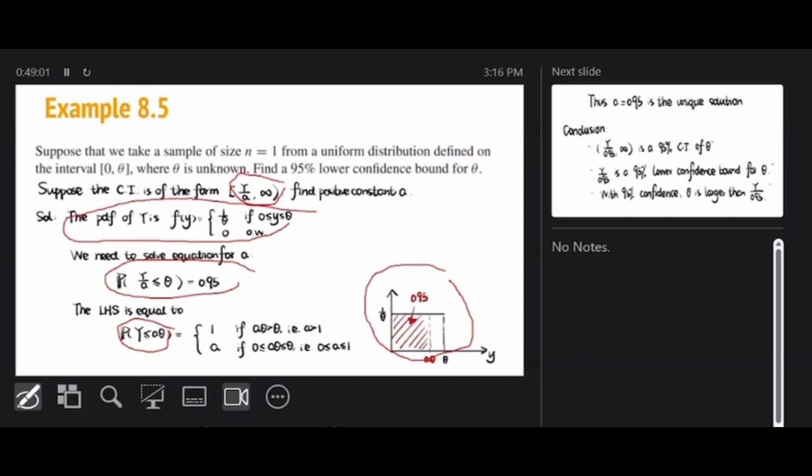Don't forget, you want to find the probability of y less or equal to a theta. For whatever values of that, you're going to have 1/theta, and the confidence is 0.95, which can be partitioned into two.